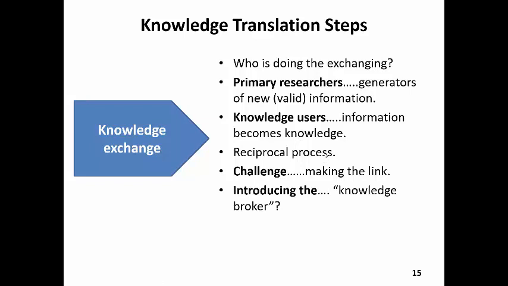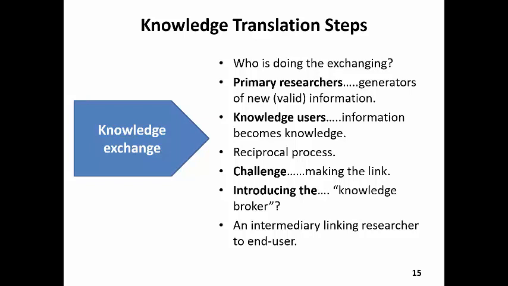Most recently, the process of knowledge translation has introduced the concept of a knowledge broker. And the knowledge broker refers to a person that acts as an intermediary, linking the researcher to the end user. An analogy here of the knowledge broker is a real estate broker.